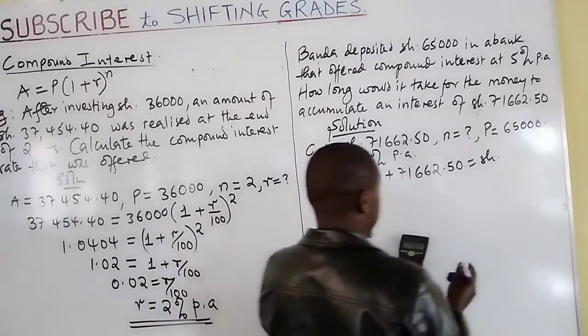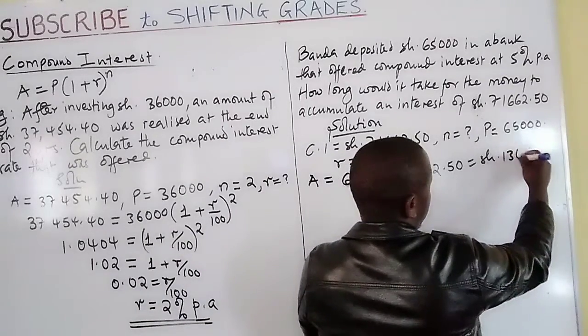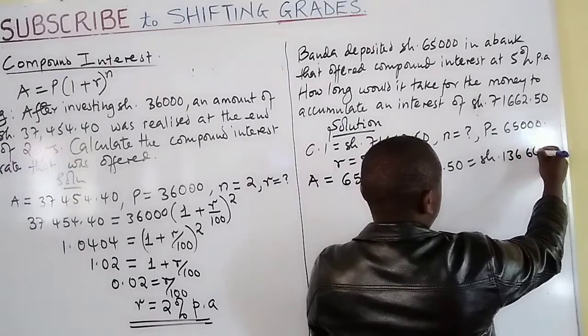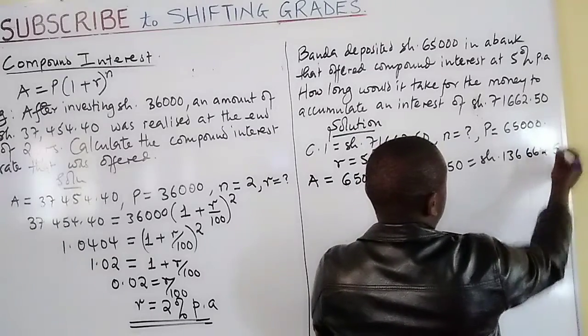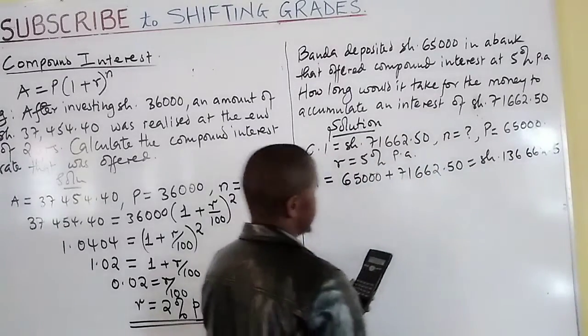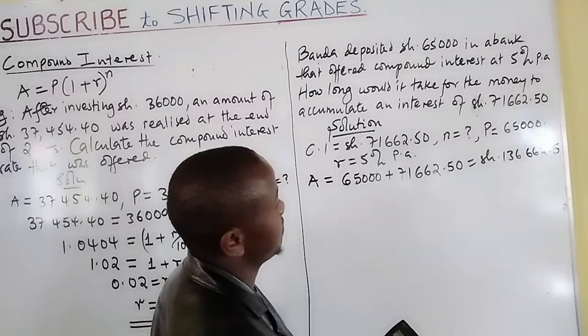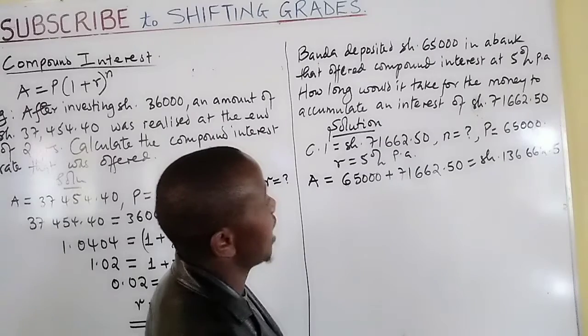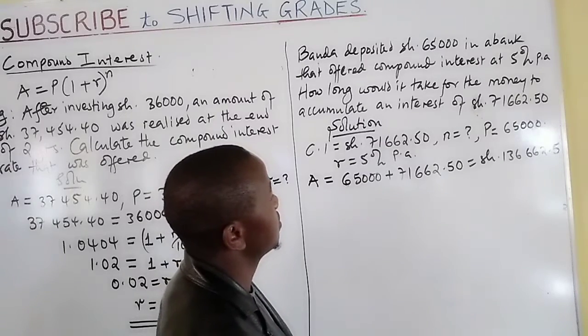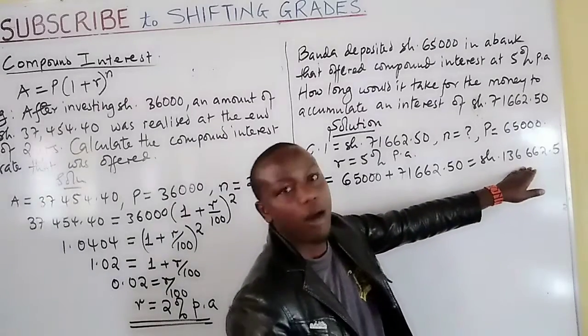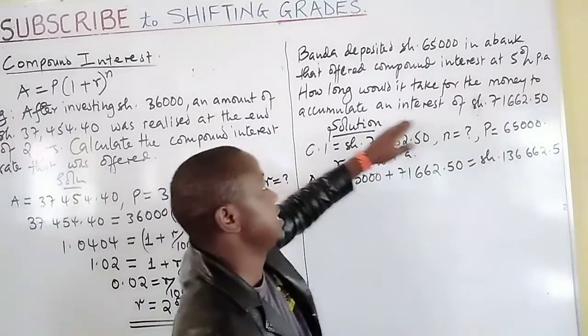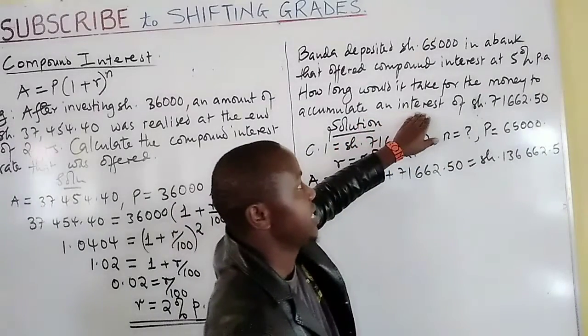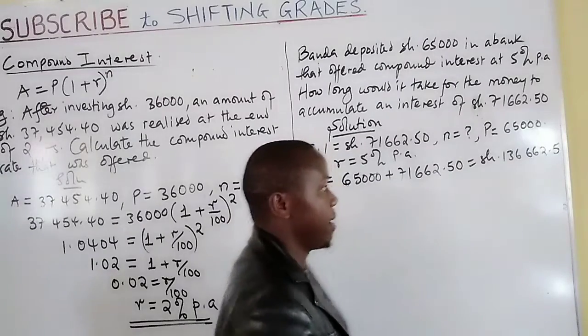This is 136,662.5. This will now be the amount at the bank. If this is the interest accumulated, then this will be the amount at the bank.